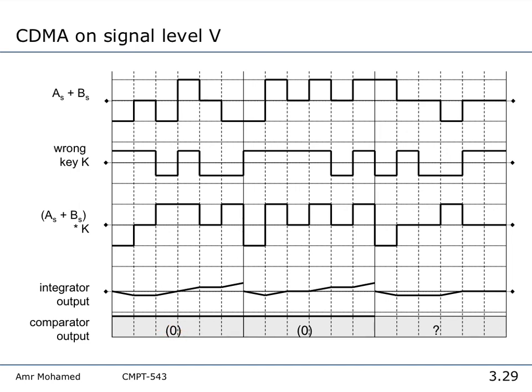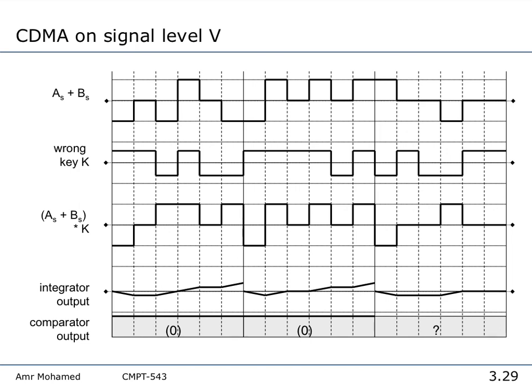Remember, neither AD nor BD starts with 0. And here, interestingly, you stay at 0, so you don't even know whether it's positive or negative, just by shifting the key a little bit. So synchronization is very important, and the receiver has to be completely in sync.